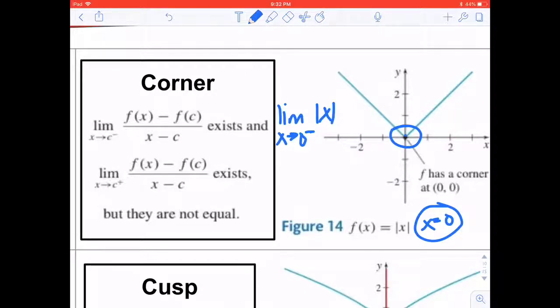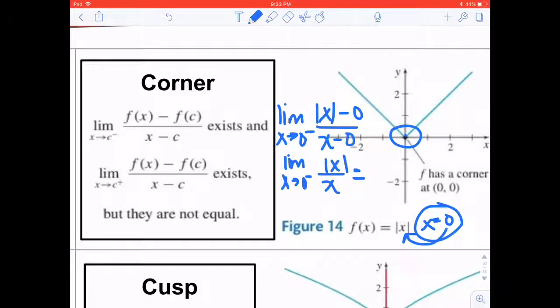So if our c is 0, and I plug in 0 to that function, that's just going to give me 0. So minus 0 over x minus c, and our c again is 0. So we're finding the limit as x goes to 0 from the left of the absolute value of x over x.